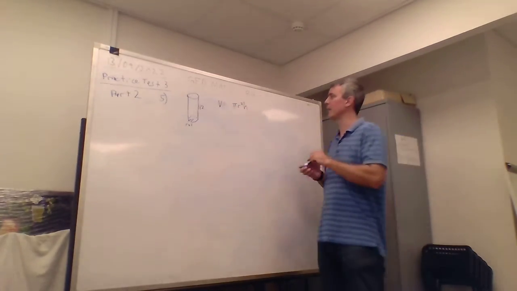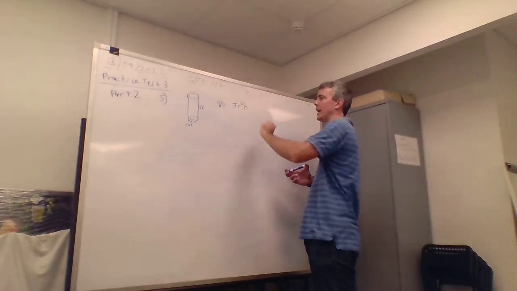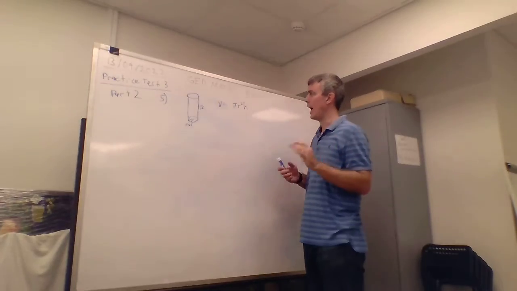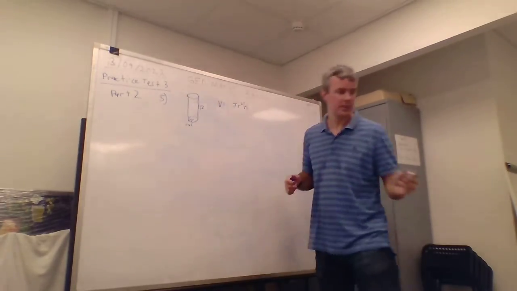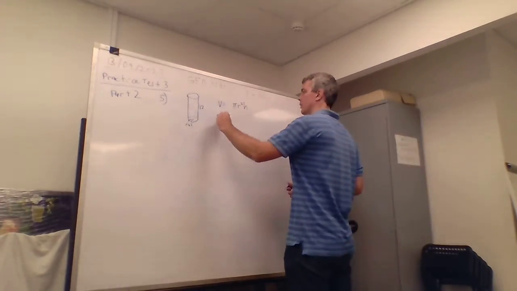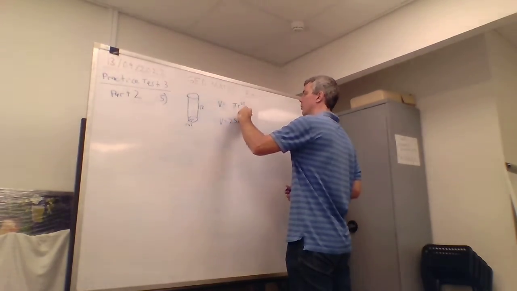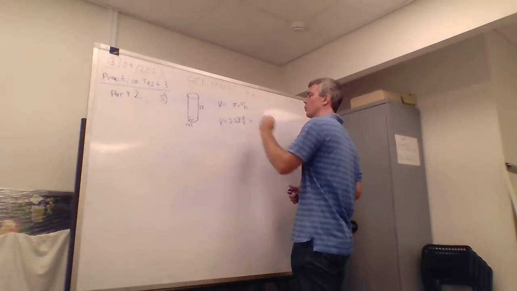Okay, so now we have V in terms of pi, r, and h. And we have h, so we just need to get r. And we know the volume equals 258 and 3/4, which was what in decimals?